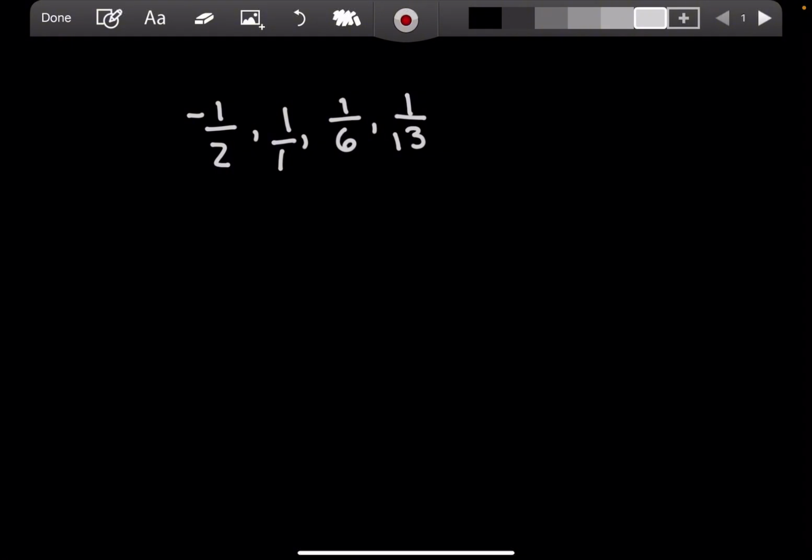And also we notice the same thing with the other one: although there's a negative sign right here, delete that so it doesn't get confused. You'd see that they all have the same numerators again, which means we can focus on the denominators again. And I'm going to add that negative sign to the 2. So it'll be -2, 1, 6, 13.